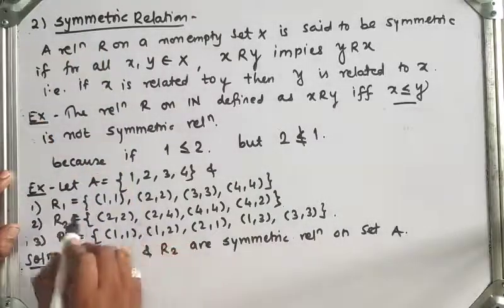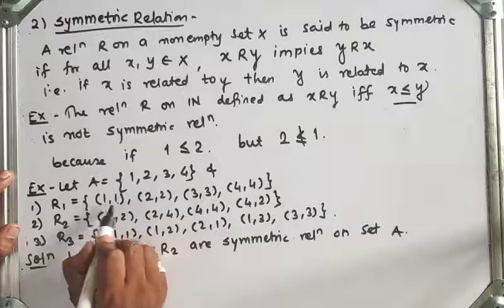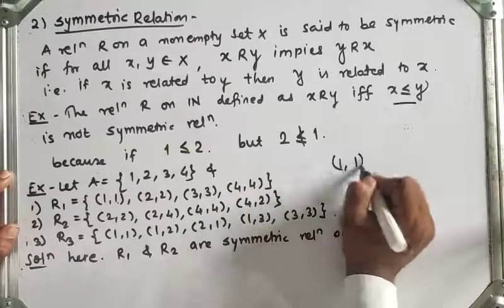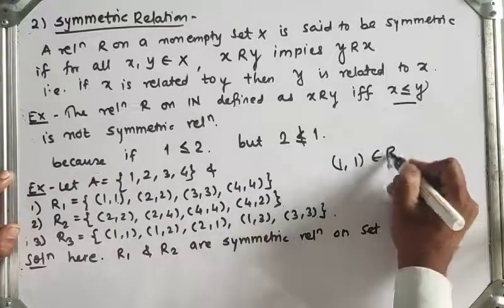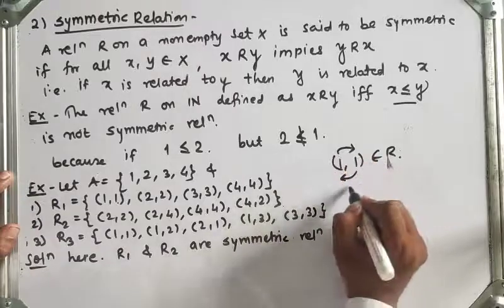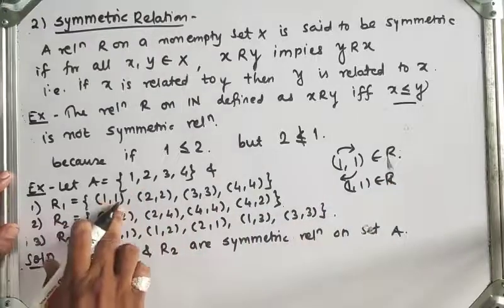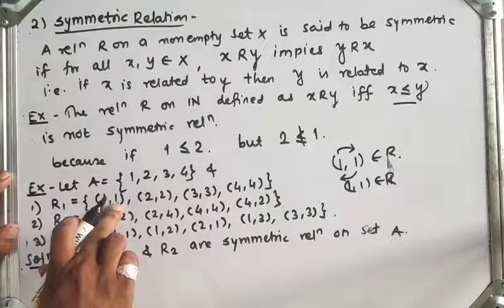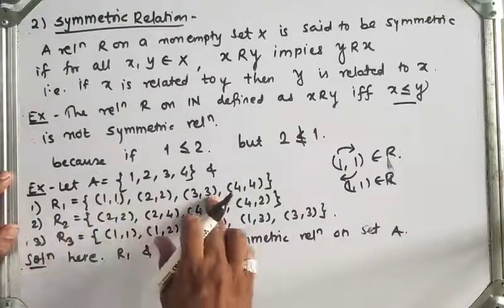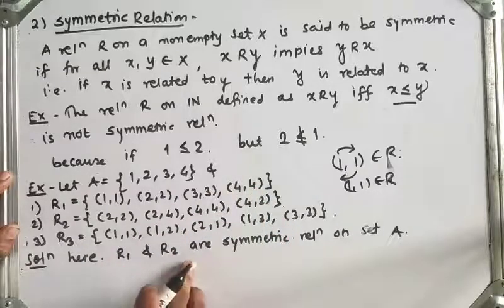In R1 and R2 we have seen (1,1) belongs to the set, and if we swap the two entries, (1,1) again belongs to R1. So 2,2 and 2,2 in this set, 3,3 again belongs to R1 and 4,4 again belongs to R1, therefore R1 is symmetric.